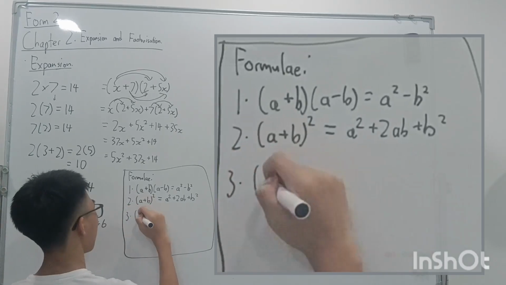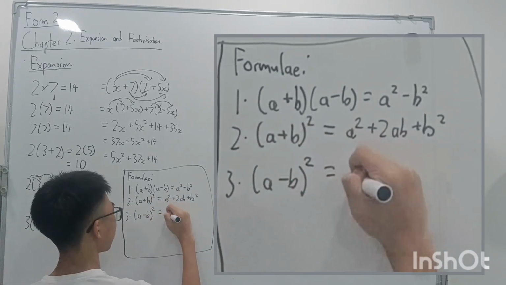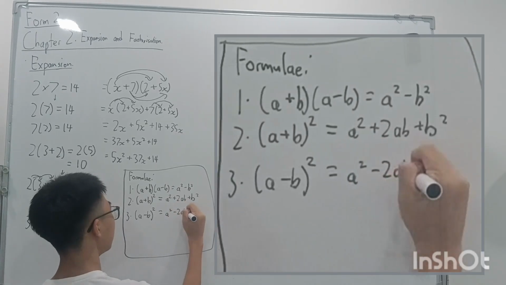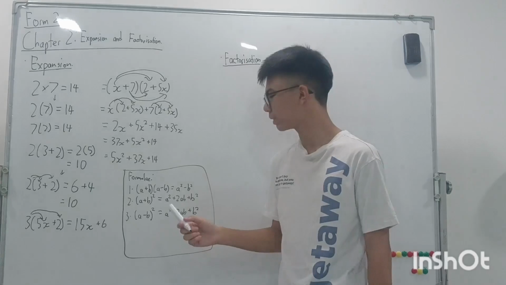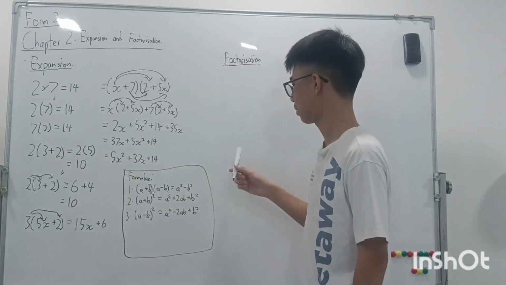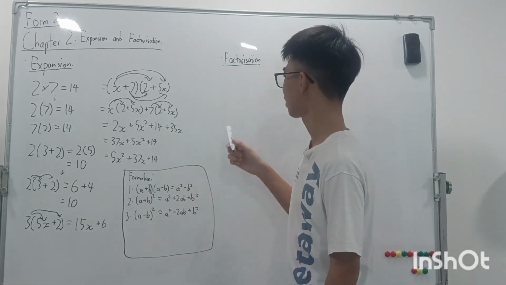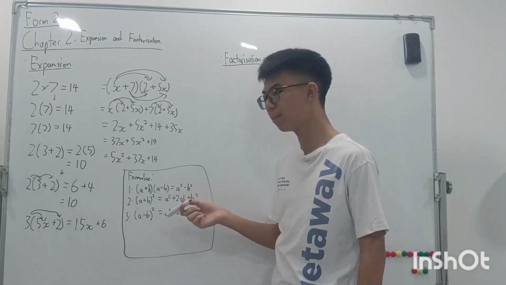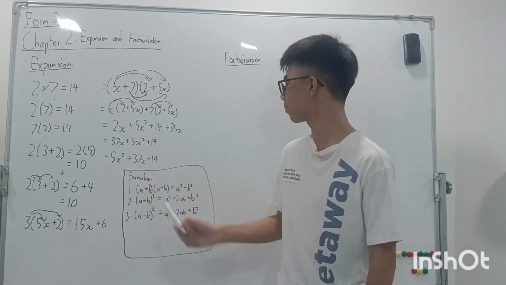The third one will be a minus b times itself, so it will be squared, equals a squared minus 2ab plus b squared. These formulas are actually very helpful to both expand and factorize. Especially helpful in factorizing, and it will be quite convenient to expand some equations.